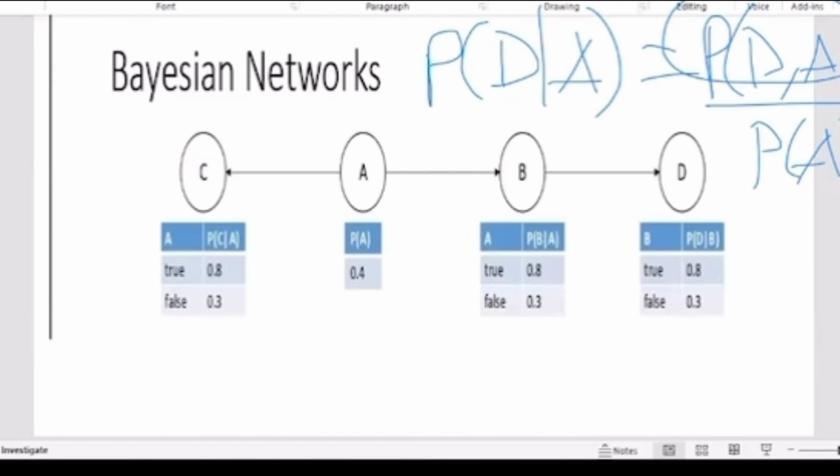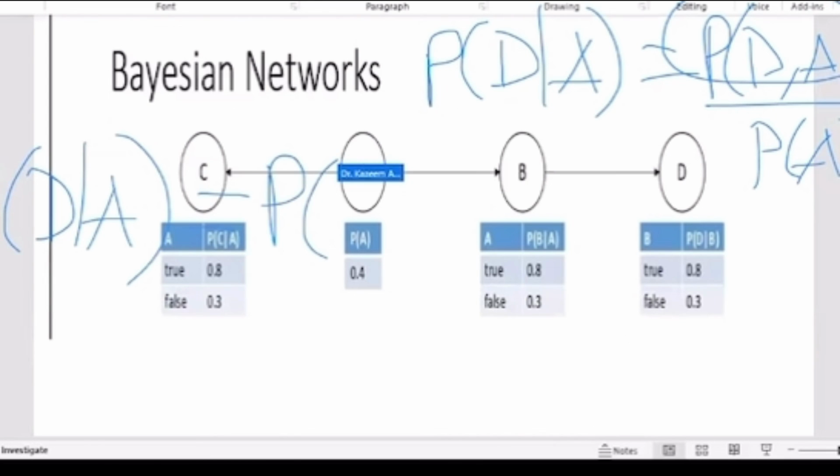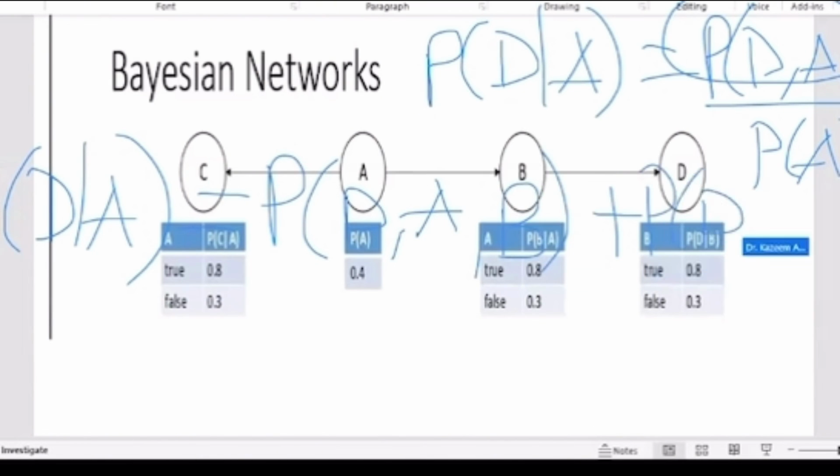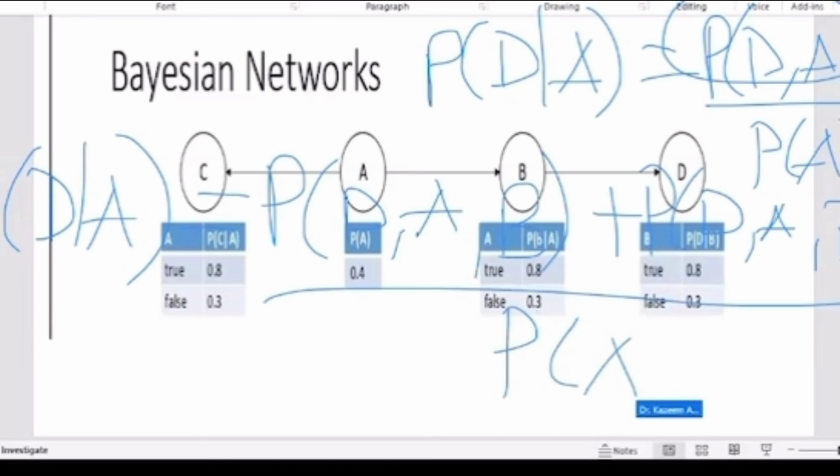So I'm going to say the probability of D given A, the numerator now, I'm actually going to say the probability of D, A, B, plus the probability of D, A, B complement, divided by probability of A. Any question? Because the probability of DA becomes a total probability if there's a variable in between them.